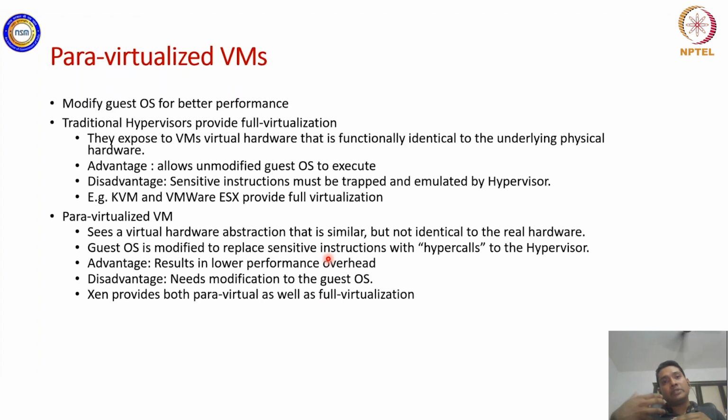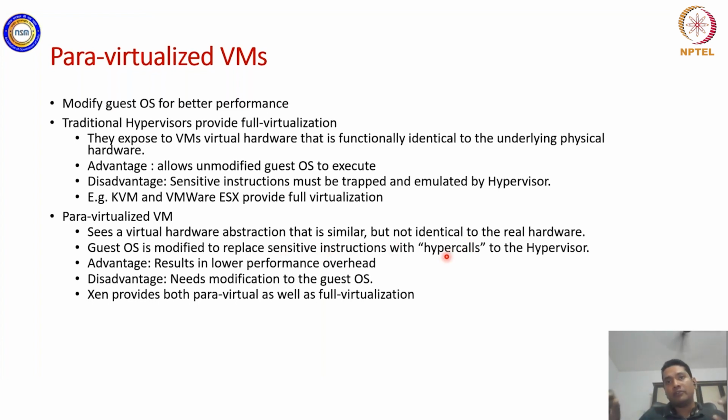So now the hypervisor is no longer transparent, because the OS knows that this set of sensitive instructions will be through hypercalls to your hypervisor, and this set of instructions will be normal system calls, right? So in that way, your hypervisor is no longer fully transparent. Rather, it can capture some set of sensitive instructions through these hypercalls.